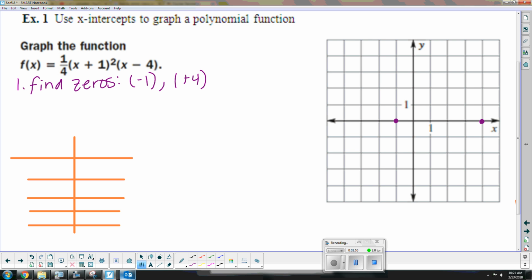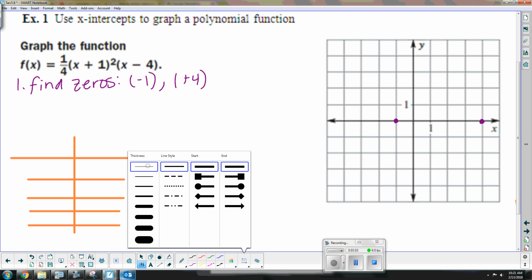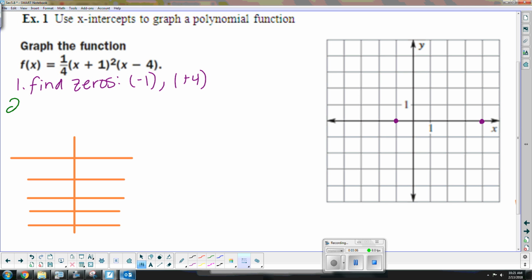Let's plot those 2 points. And then we want to look at some points between those intercepts. So the zeros are the x-intercepts. So now we want to plot points between and beyond intercepts.